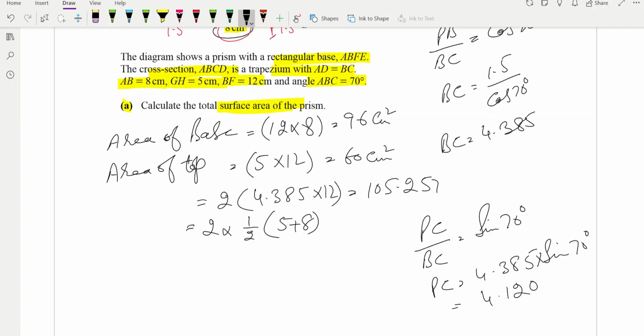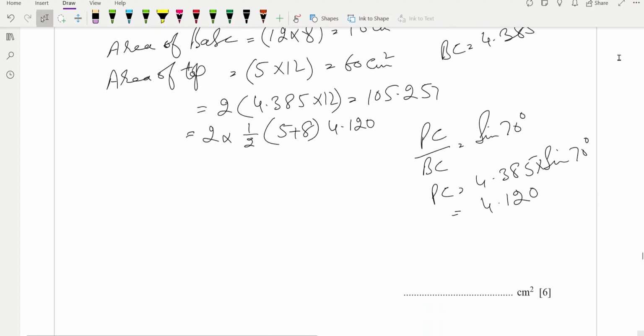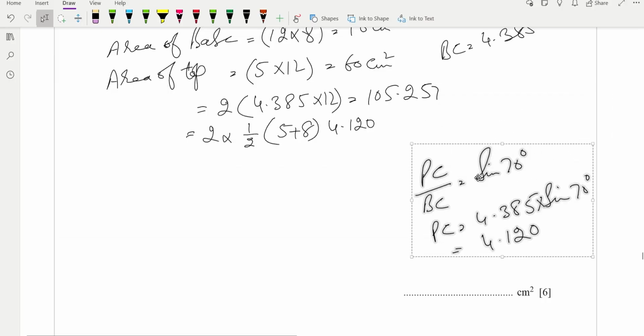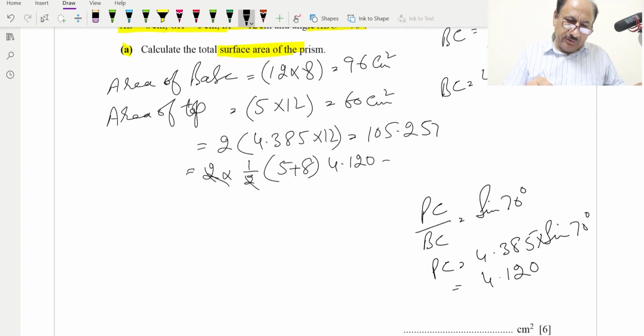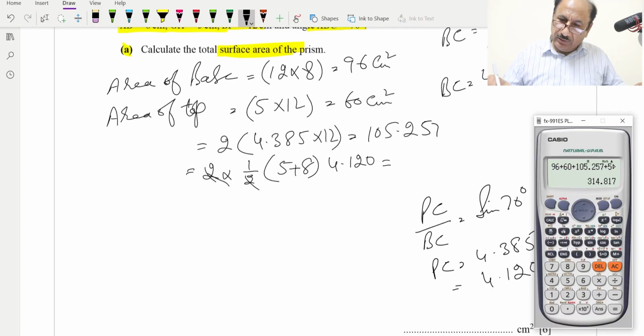And what we can do, we can shift this a little down so that we can make space for this. Now we can calculate this value with the help of a calculator, and 5 plus 8 will be 13. 13 multiplied by 4.120 will be equal to 53.56.